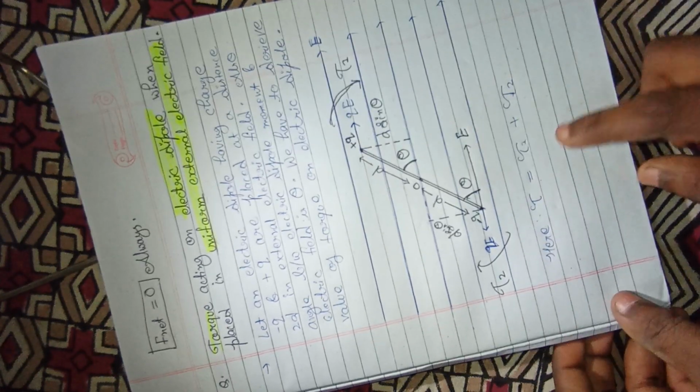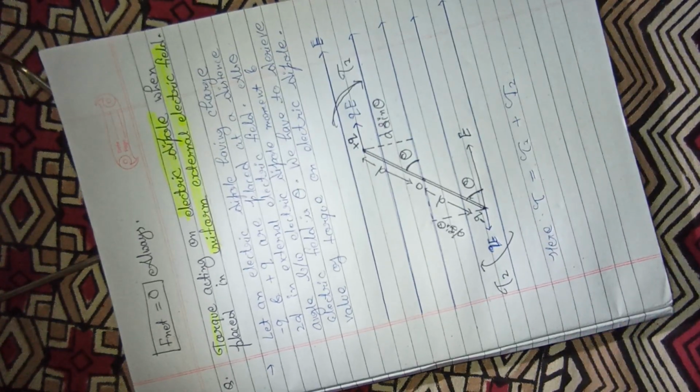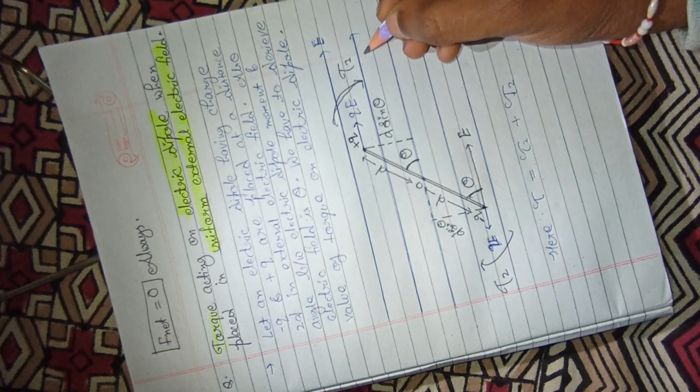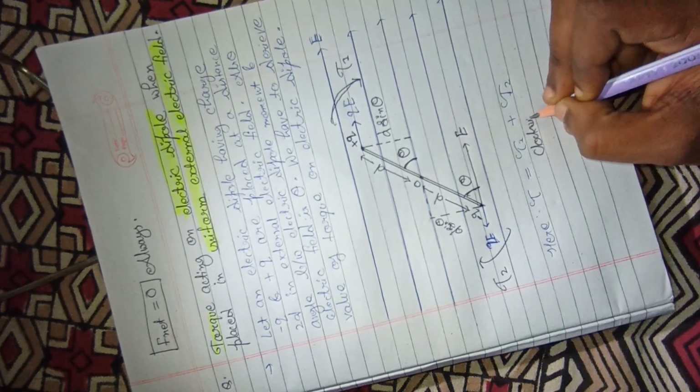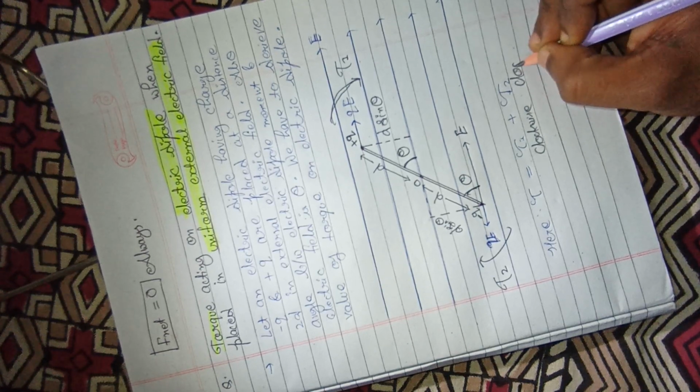And as we know, this tau 1 is in clockwise direction. This is clockwise, this is clockwise too. This is also in clockwise direction.